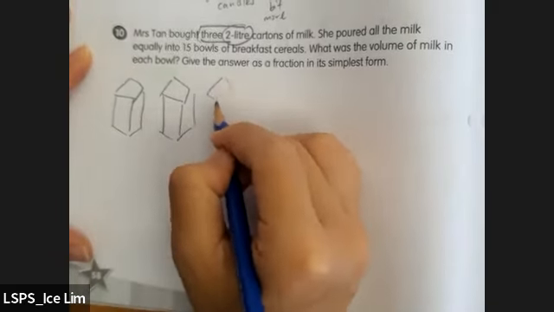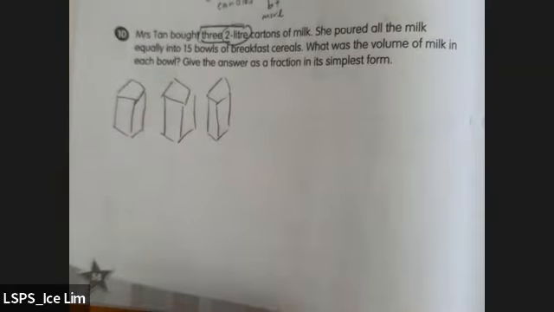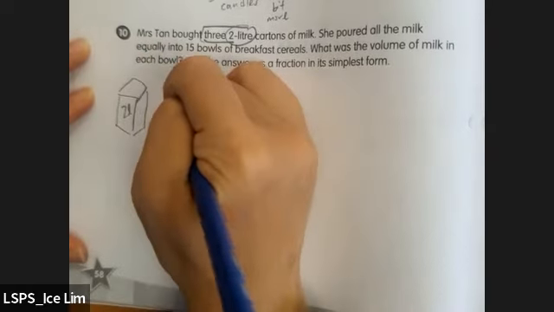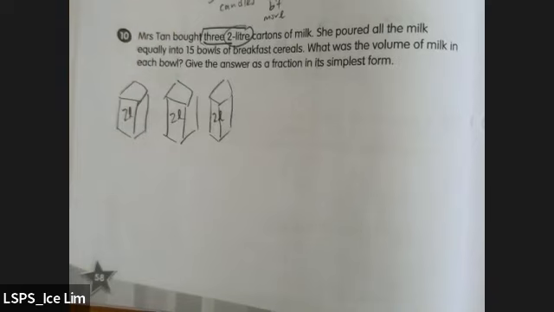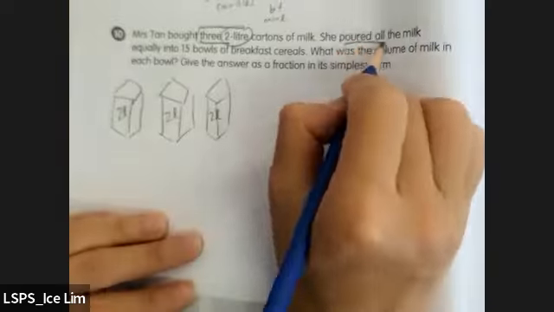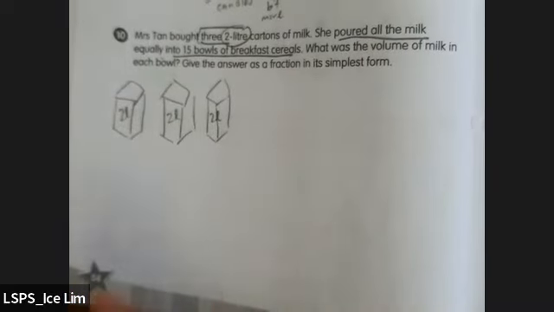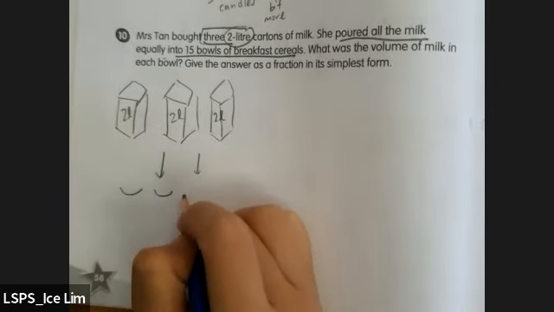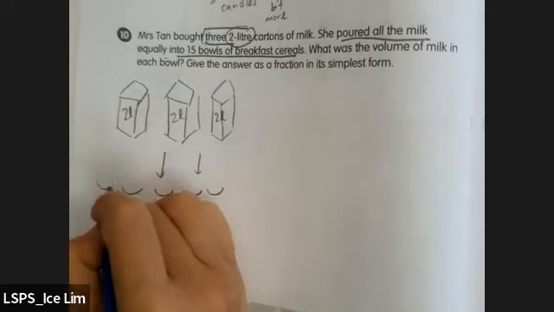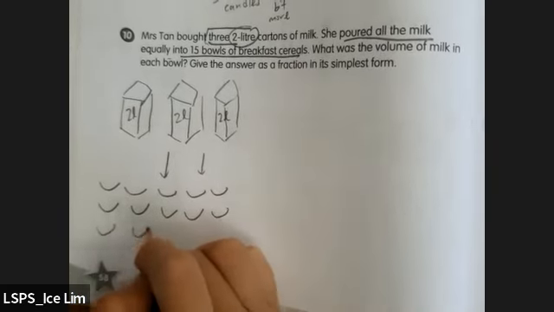You draw 3 cartons. Each carton is 2 liters. Pour all the milk into 15 bowls of cereal. Many of you draw the next step correctly also. You draw that, oh, okay, I'm supposed to pour into bowls of cereal like this.